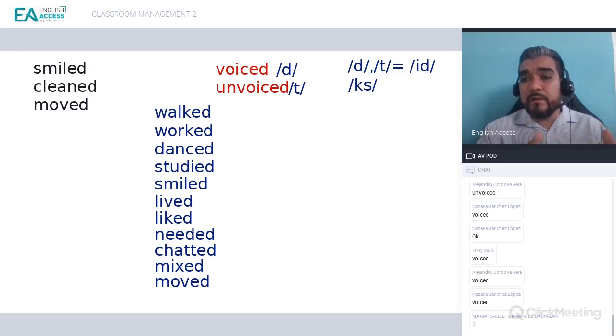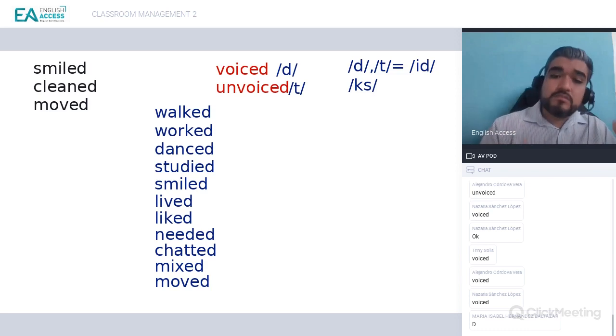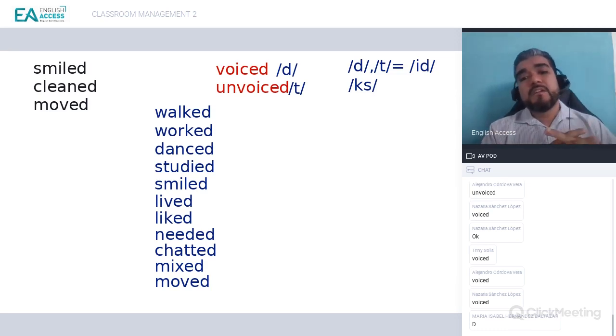You need to pay attention to your vocal cords. You need to pay attention to whether the verb vibrates or doesn't vibrate at the end. And according to that, then you can add the best pronunciation in past, right?